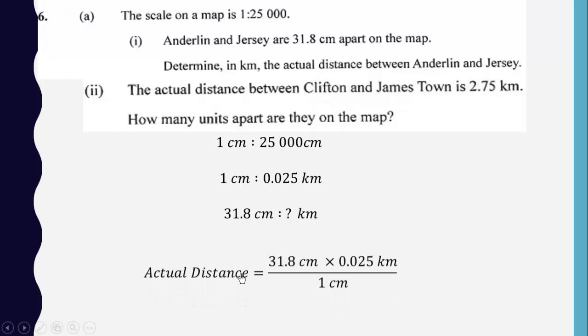So the actual distance will be 31.8 centimeters times 0.025 kilometers divided by the less of this, which is 1 centimeter. The centimeters cancel and we are left with kilometers. When we multiply out, we get 0.795 kilometers. So that's the actual distance between Anderlin and JC.